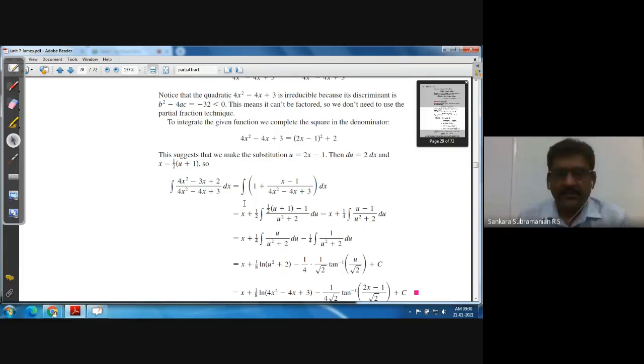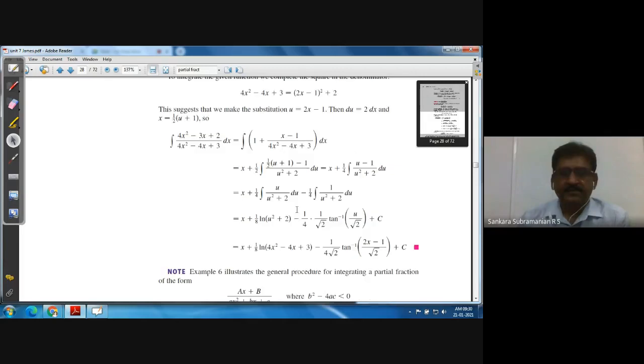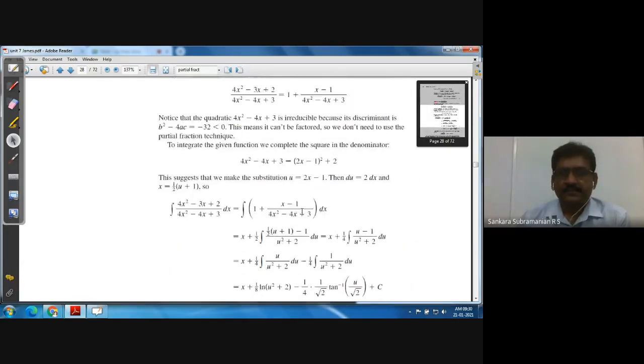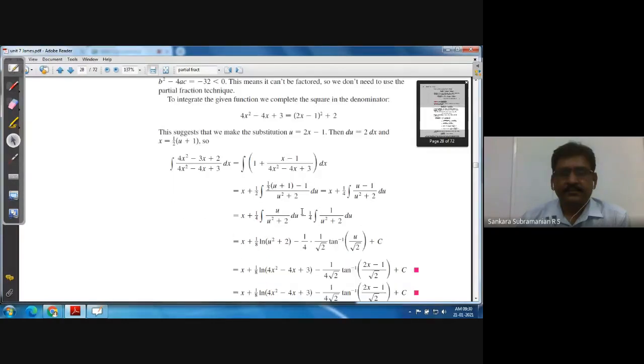So the final answer should be 1 by 8 log of, after substitution and simplification, 4x squared minus 4x plus 3, minus 1 by 4 root 2 tan inverse of (2x minus 1) by root 2 will be the answer.